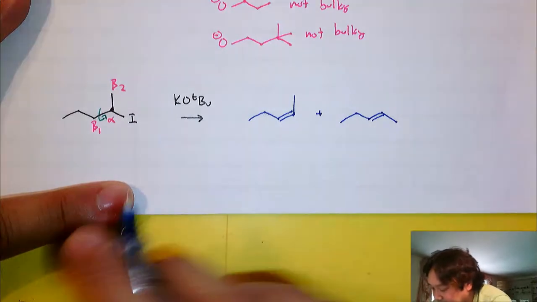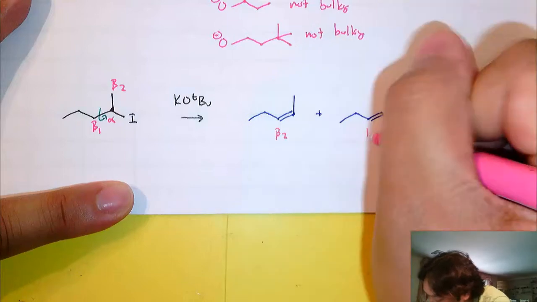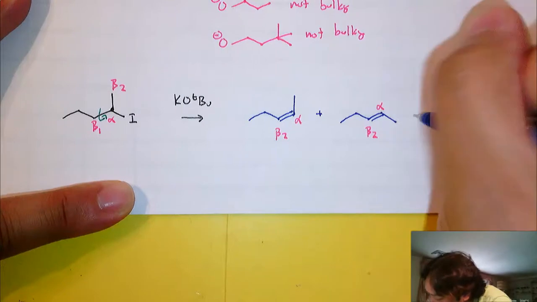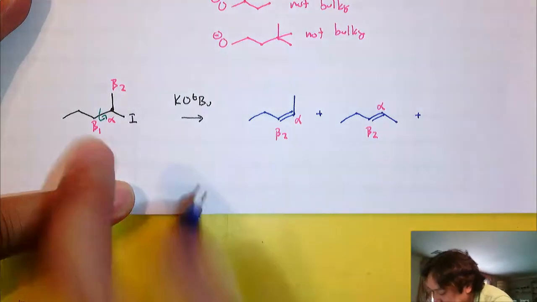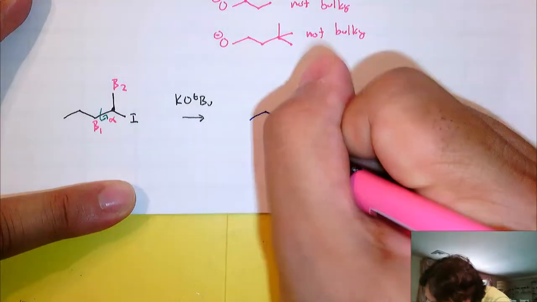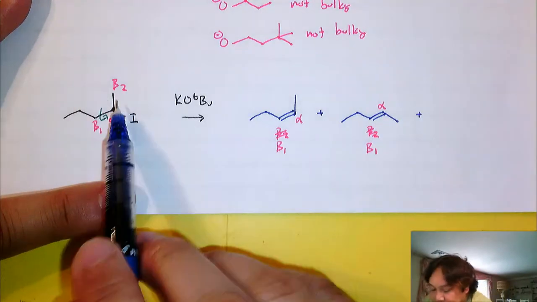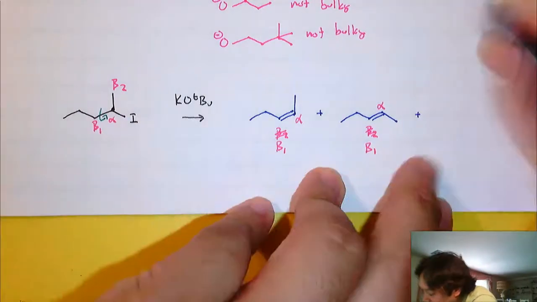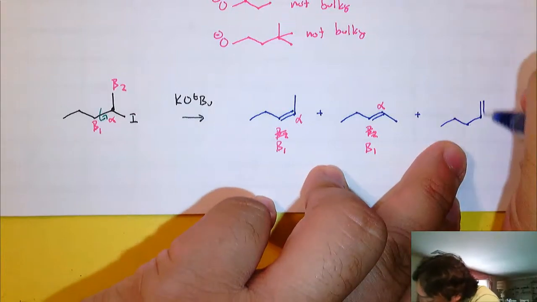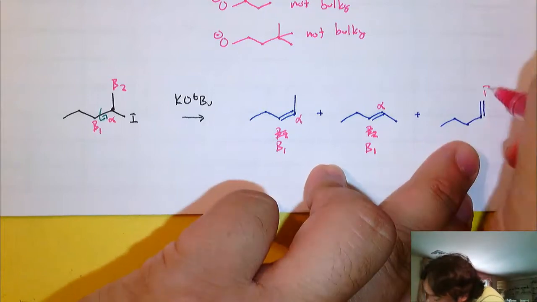Okay? In both cases, I took off a hydrogen on beta carbon 2. Alpha. Now if I take beta carbon 1. Yikes. If I take off a hydrogen off of beta carbon 1, I get this. And there is no cis trans here. Okay. There's beta carbon 2.